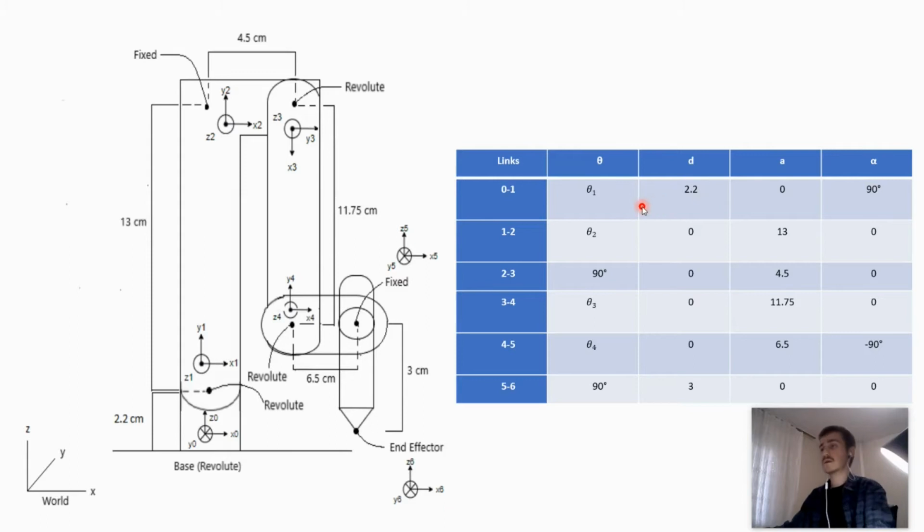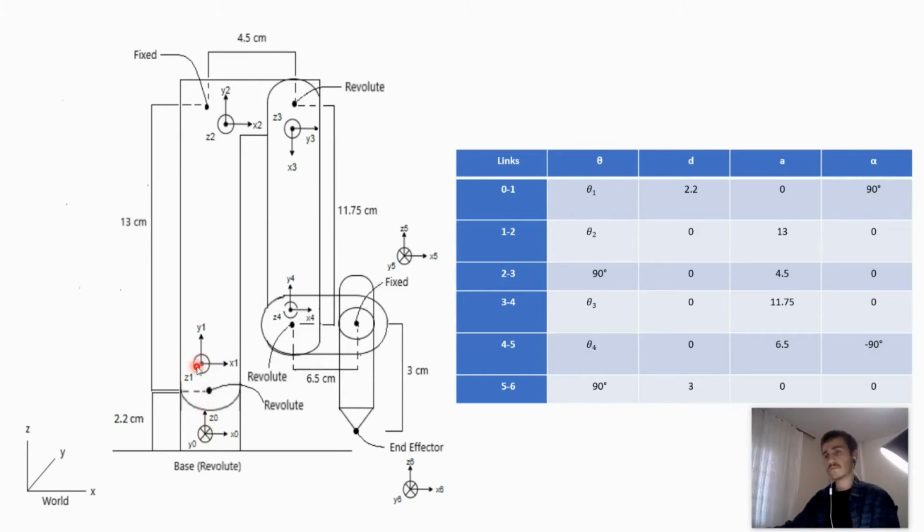Let's look at the base and the first link. Here, theta 1 angle is the turning motor angle of the base revolute joint, and this revolute joint can turn around its z-axis by theta 1 degrees. Z-axis of the base revolute joint is in this direction.